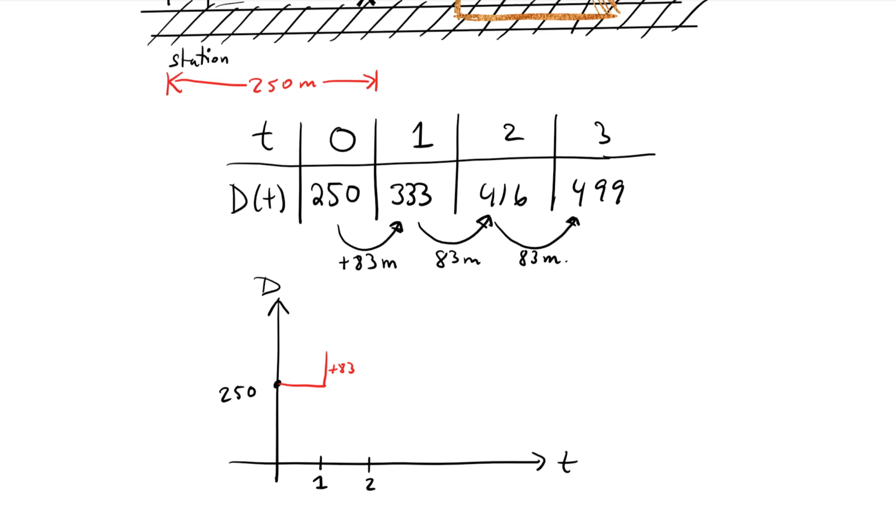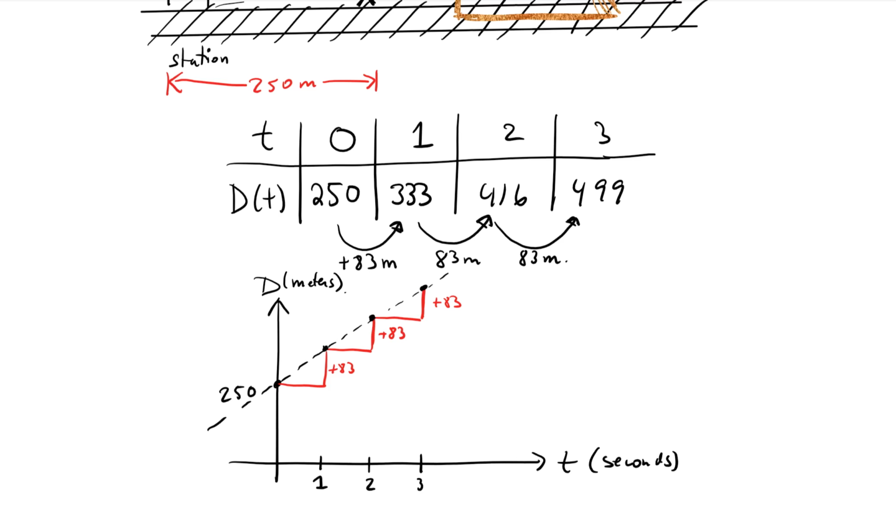After 2 seconds, if we go forward by 1, we go up again by 83. And between the second and the third, if we go forward by 1 second again, we go up by 83 again. So that shows us that our points are all part of the same line. It's the same increase for each second. Our points are equally spaced, 1 second apart, and the increase is 83 meters. This is in seconds, this is in meters.